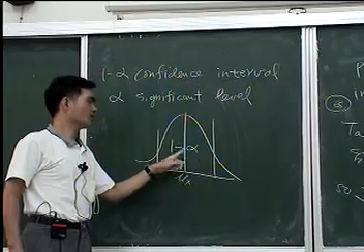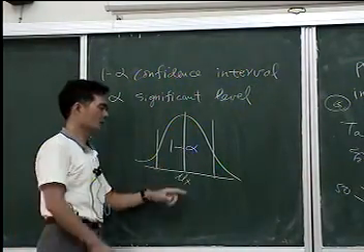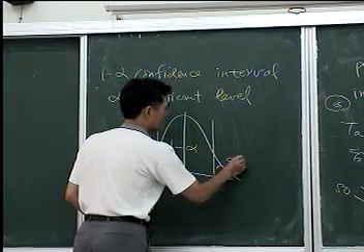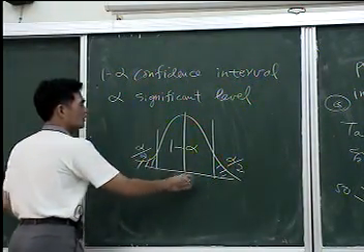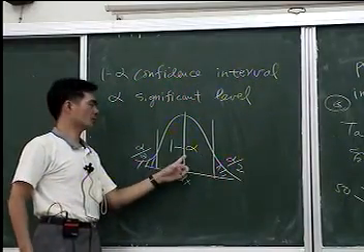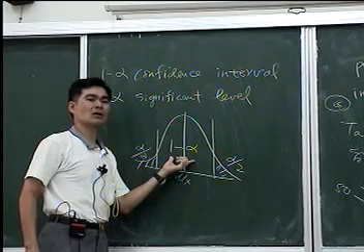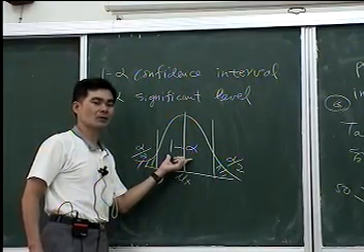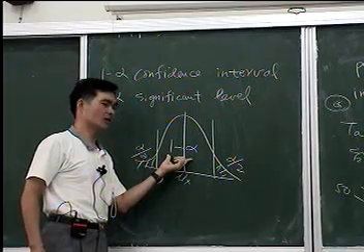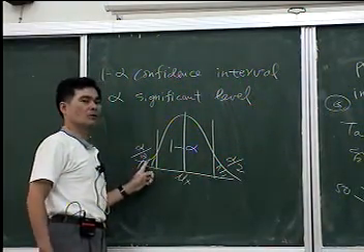Of course, it may happen, it may not happen. What's the probability that it will not happen? It will be alpha over 2, alpha over 2. So the probability it will happen is 1 minus alpha, but this is not 100% certain because there is a probability that it won't happen: alpha over 2, alpha over 2.